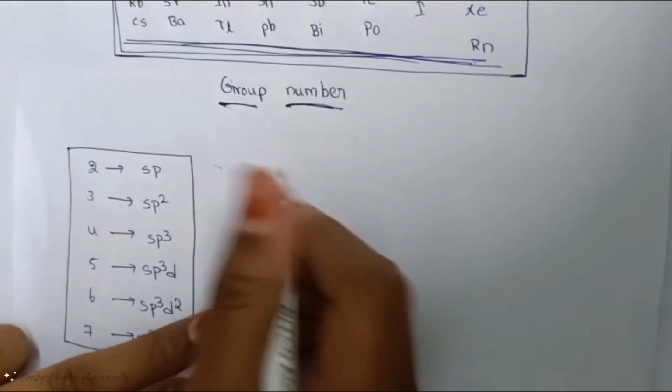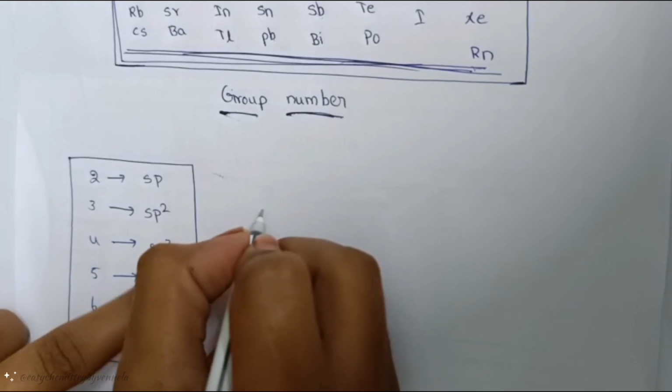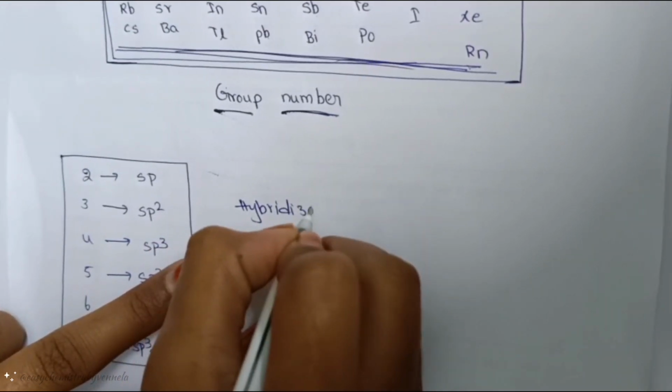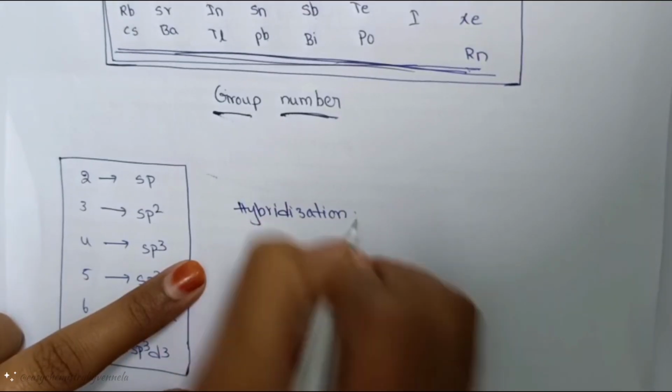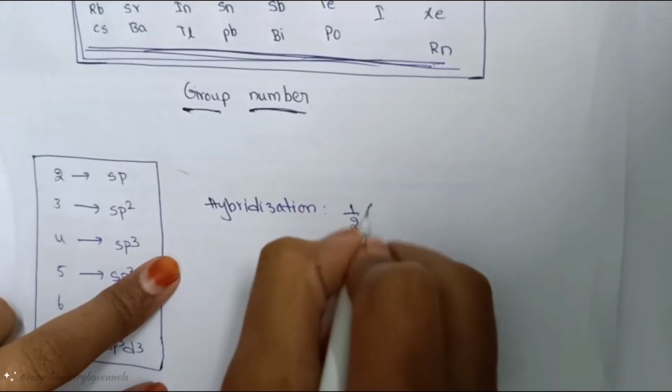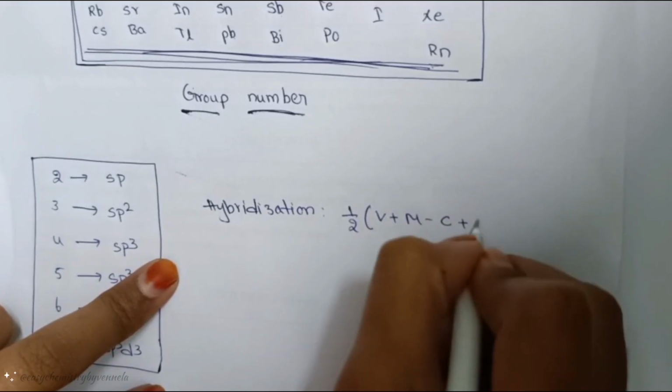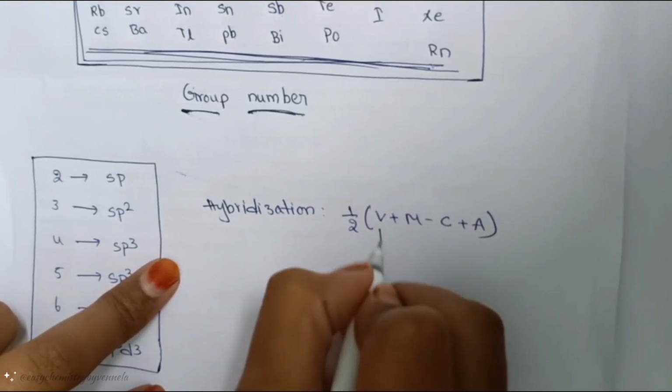Now we have to calculate the hybridization formula. Half into V plus M minus C plus A. Here V is valency.